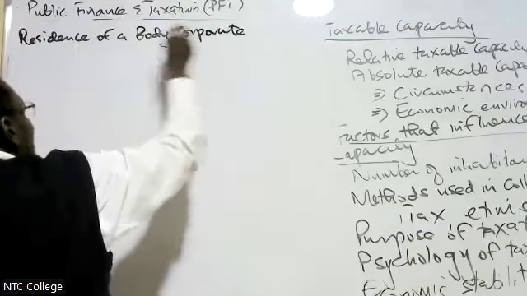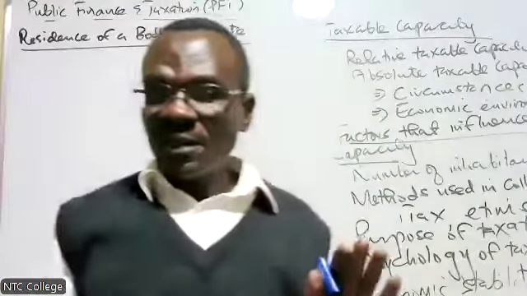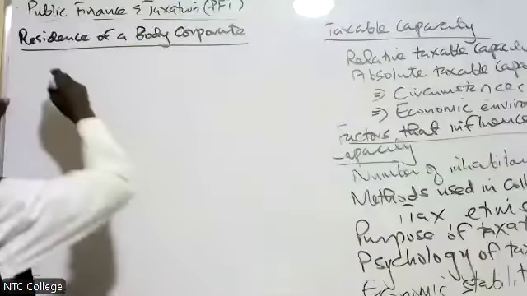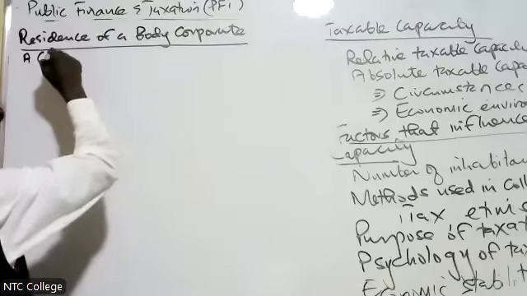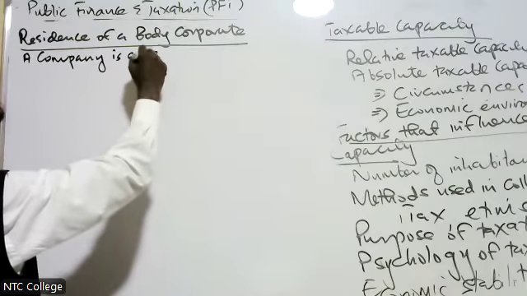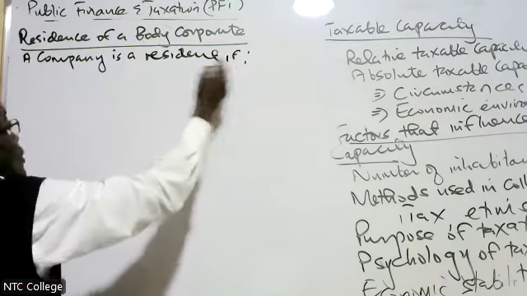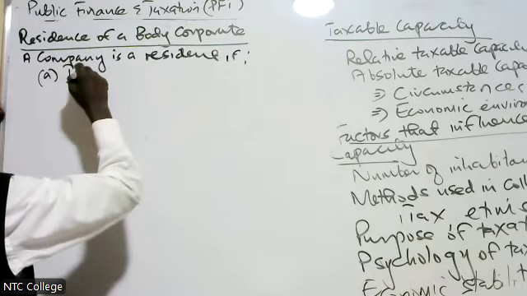A body corporate is a company. So for a company, you look at 3 things. So a company is considered to be a resident if A, it was incorporated in Kenya.